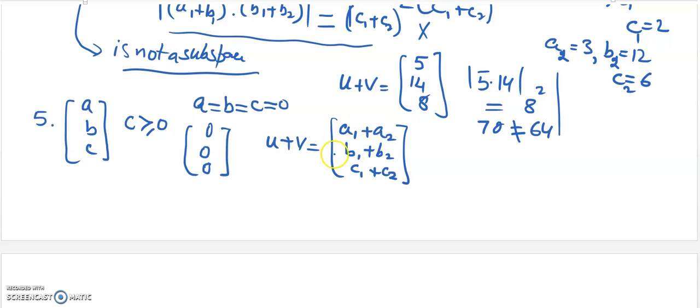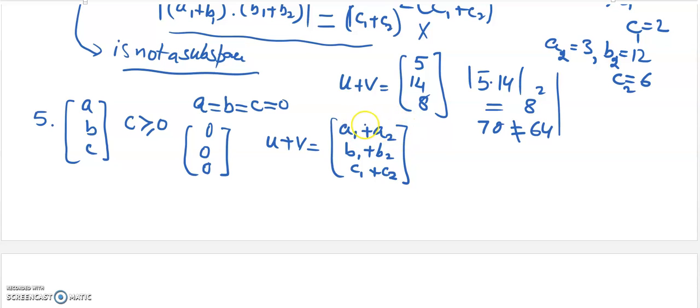What we can see over here is that a1 plus a2, b1 plus b2, c1 plus c2 are all of the same form, because in this case all the conditions are being met over here.